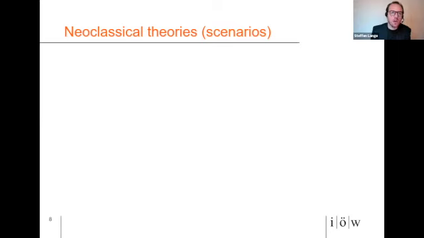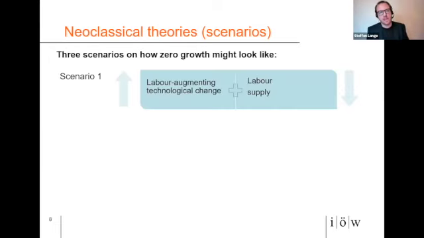Okay, so combining all of those theories, I developed 3 different scenarios for how zero growth conditions can be met within those theories. The first one is, in many of the theories, you only have labor augmenting technological change. So then you need a reduction in labor supply to outbalance this increase in technological change.